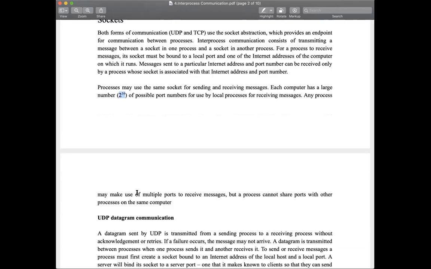There is a portion reserved for predefined applications, like port 80 for HTTP communication, port 22 for SSH communication, 23 for telnet. Likewise, as I remember, the first 1023 ports are reserved for well-known applications, and the rest we can use for our own purposes, right?